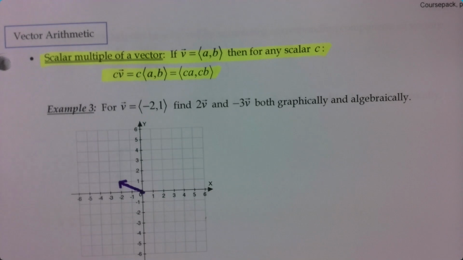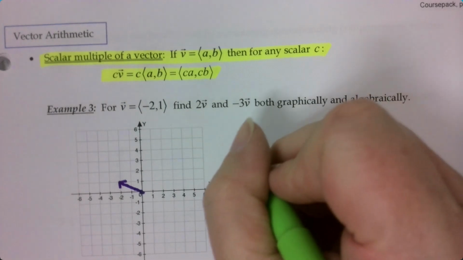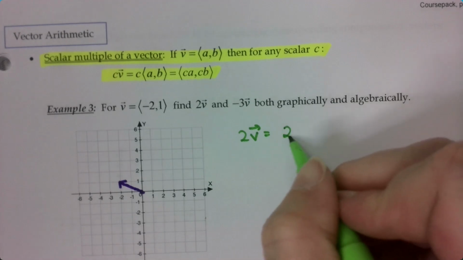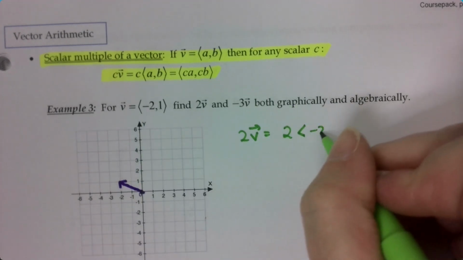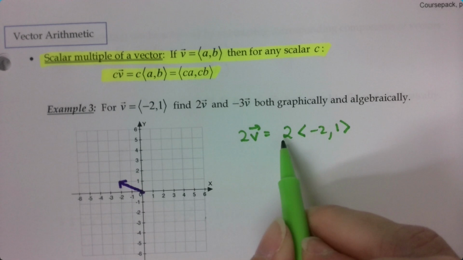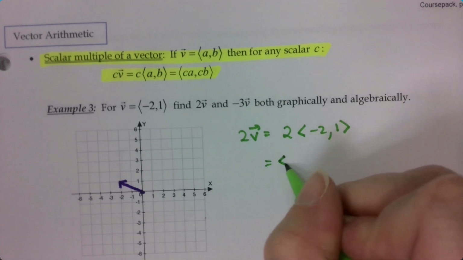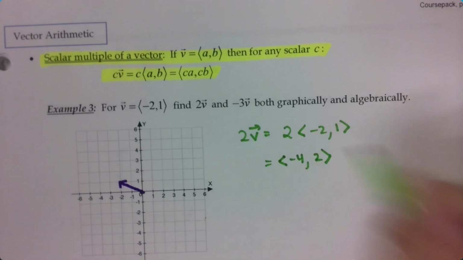All right, so let's find 2v. I'm going to do that with green here. 2v would take the vector -2, 1, and multiply every component by 2. So that would be -4, 2.